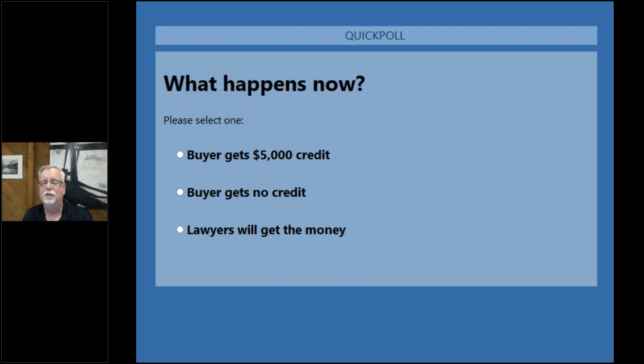So let me put it this way. This form is used for extra space. When do you use the addendum form? The answer is whenever you've got a clause or something in the contract and you don't have enough space to write everything you want.